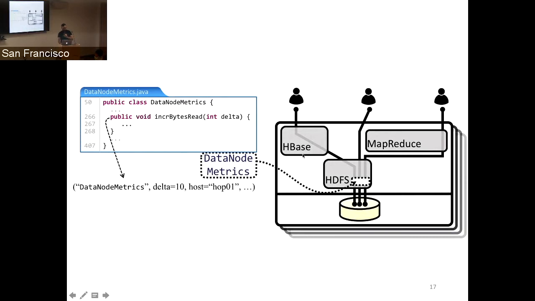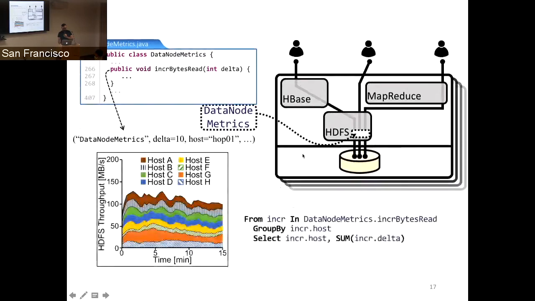You want to be able to get a tuple like that out of the system. And then when you're doing your analysis, you want to make a SQL-like query, and they wrote this miniature SQL language where you can say from this increment function in the bytes read function, I want to group by the host, and I want to sum by this delta.